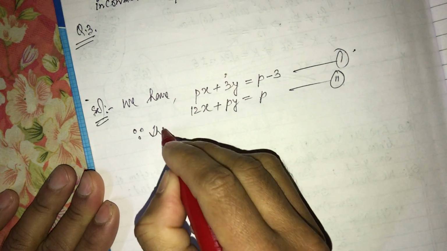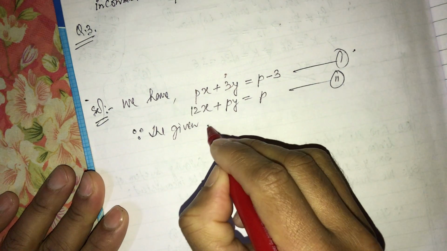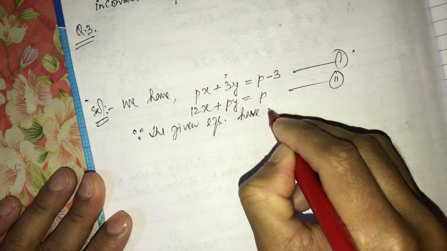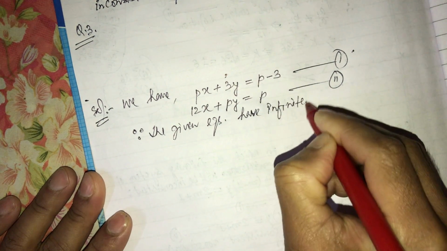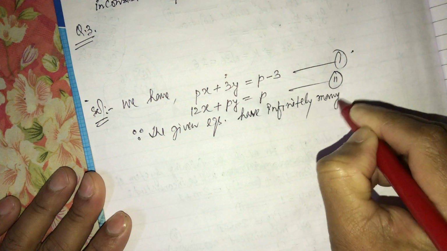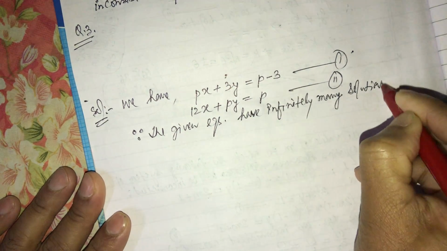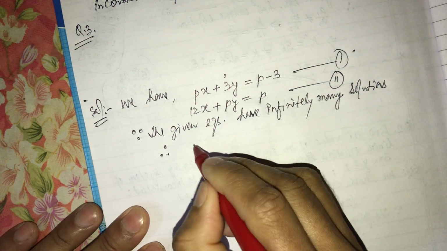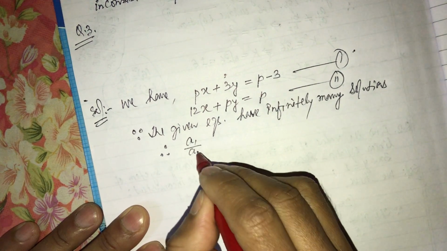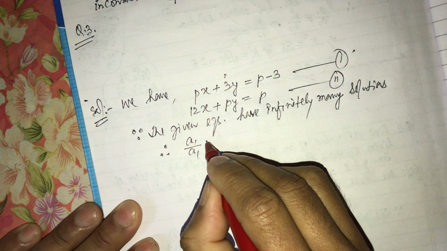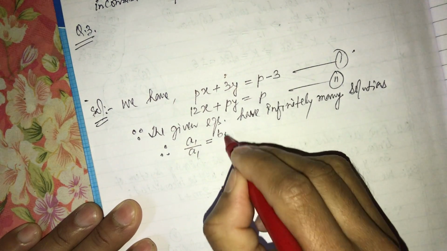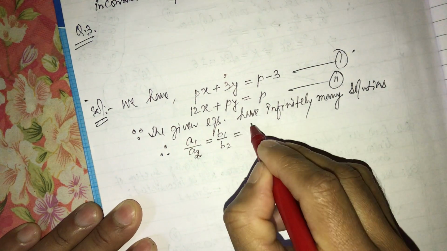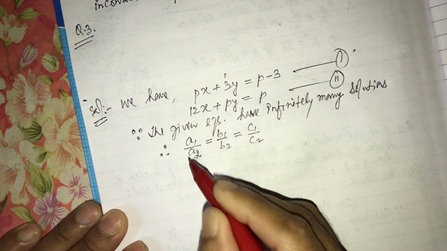Since the given equations have infinitely many solutions, we know the condition is that all the ratios are equal: a1 by a2 is equal to b1 by b2 is equal to c1 by c2.